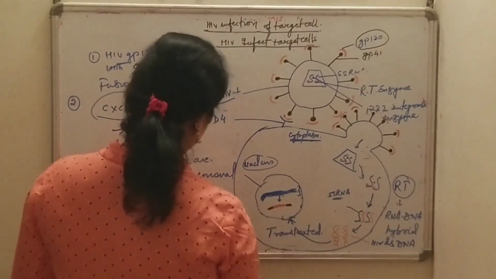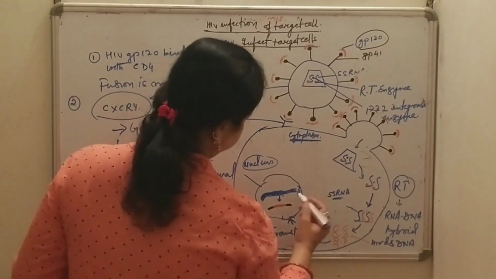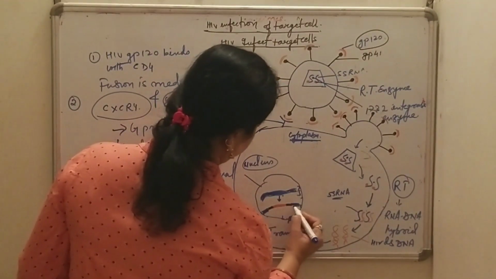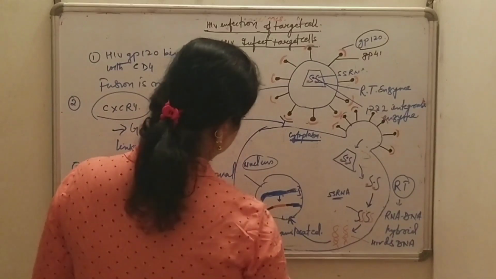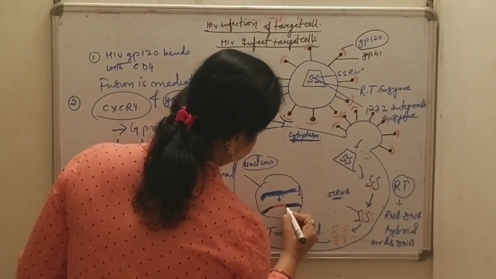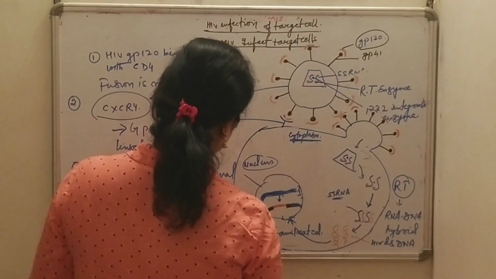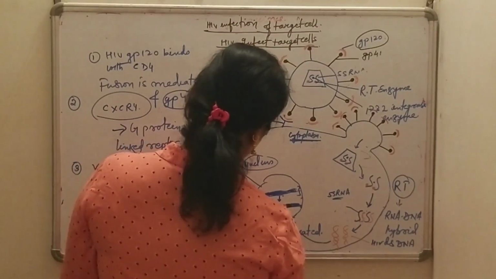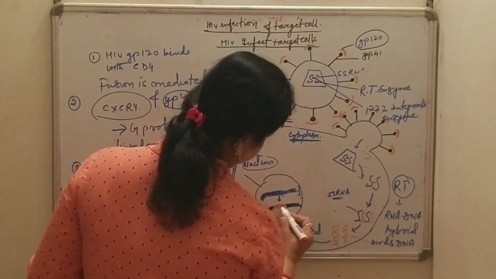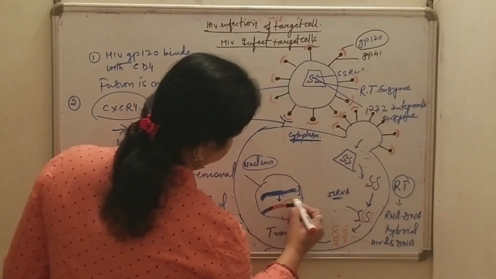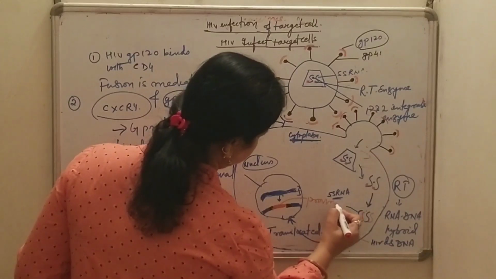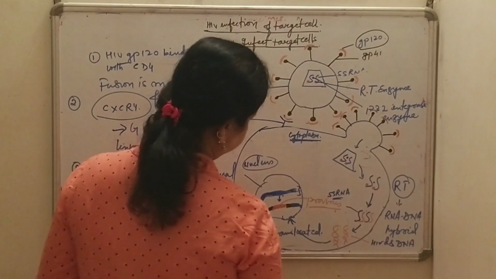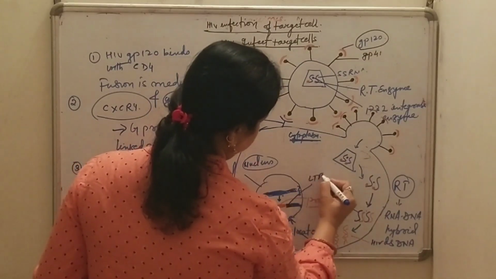This is the LTR, and this is the provirus, the integrated form of HIV double stranded DNA, and this is the LTR sequence, long terminal repeat.